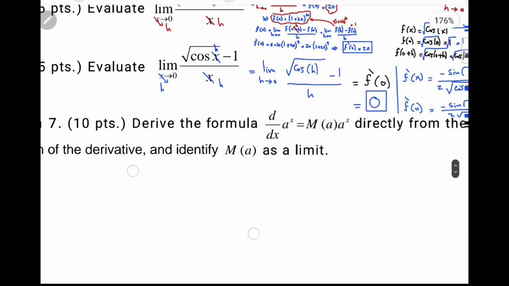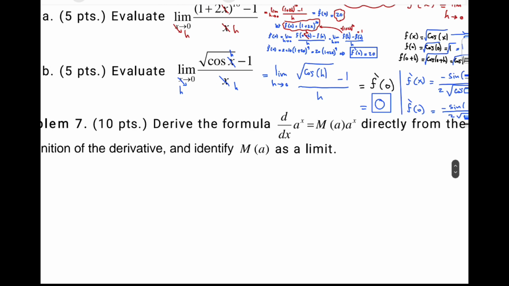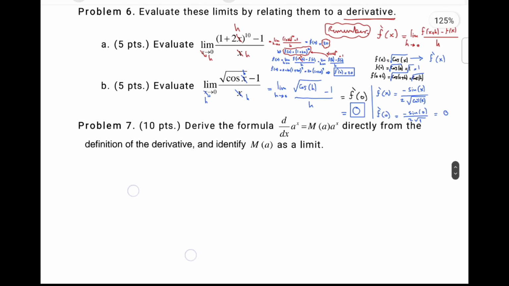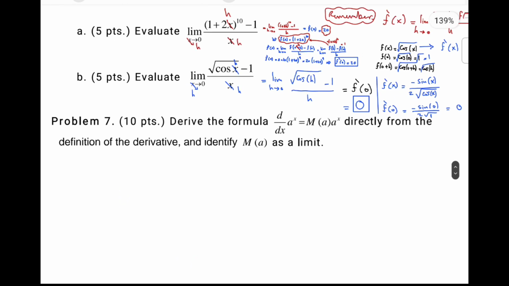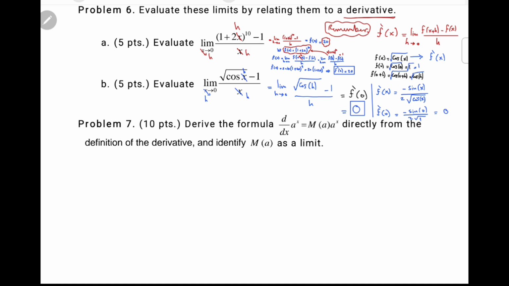Finally, derive the formula d by dx a to the x equal to m of a times a to the power of x, directly from the definition of the derivative, and identify m of a as a limit. So derive this formula. So let's see, the derivative d by dx of a to the power of x is defined as the limit.